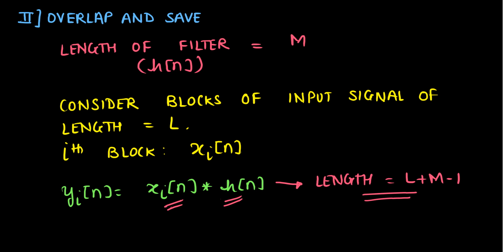This would be the length of the output signal for each block. Now in this method, we make the length of h of n as well as xi of n equal to the length of this output signal yi of n, which is L plus m minus 1, and instead of performing linear convolution, we go for a circular convolution.